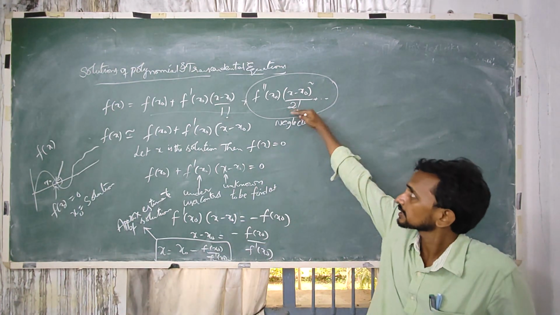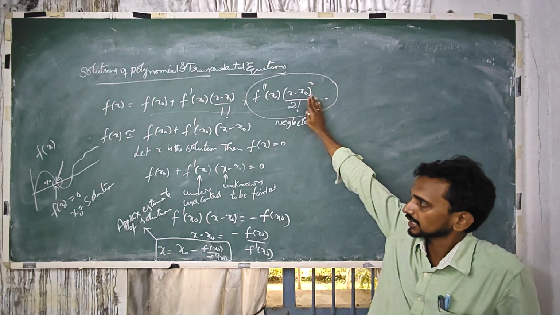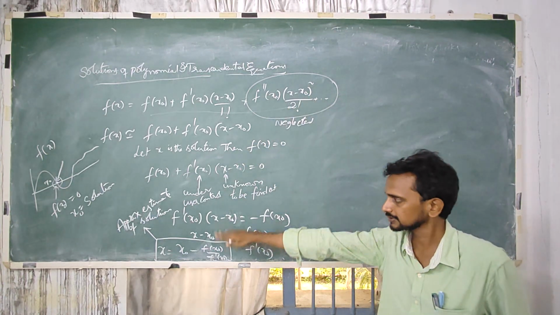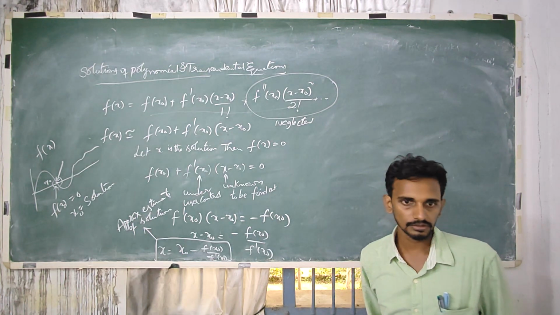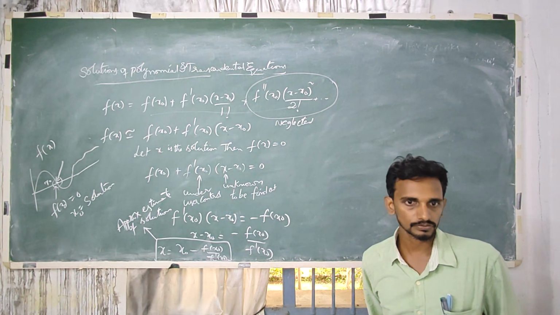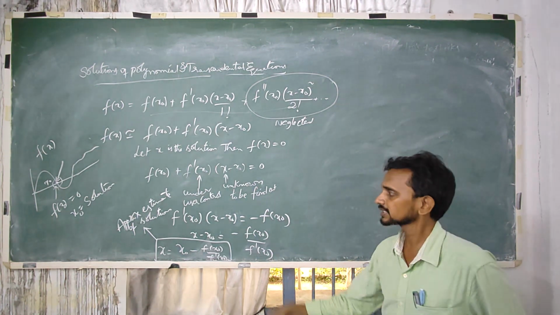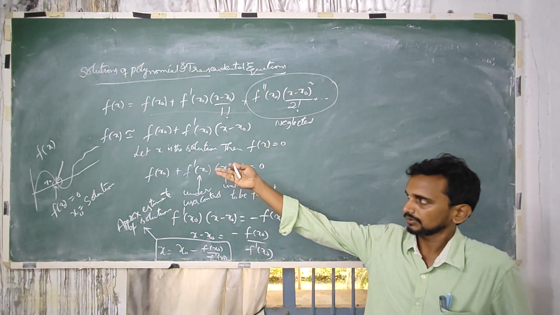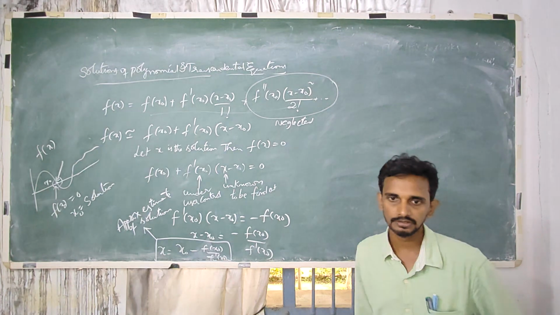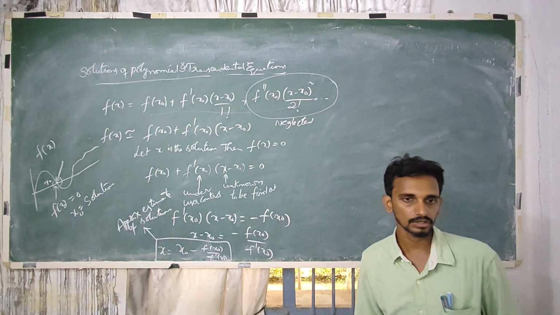Since we are neglecting all the higher order derivatives, second order onwards, this is an approximate estimation for the exact solution. So we may get some other number. We substitute it back into the function and check whether it becomes 0 or not.